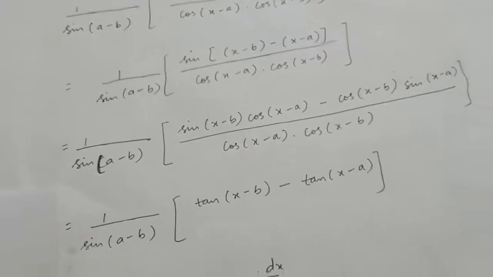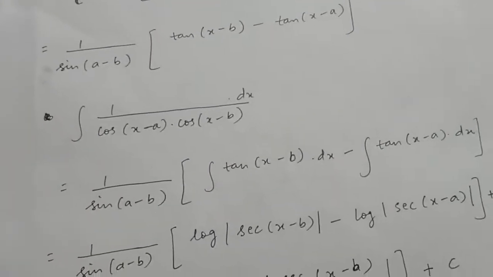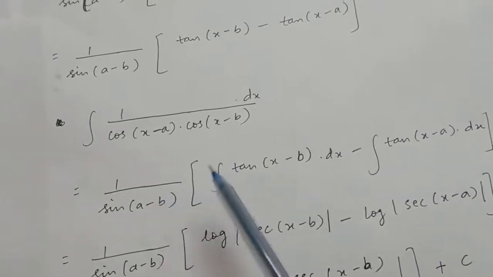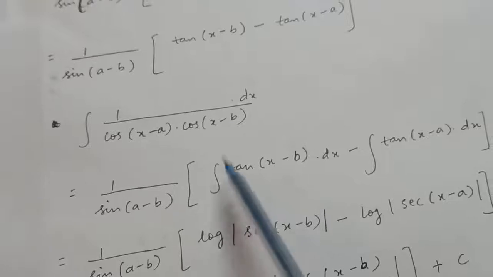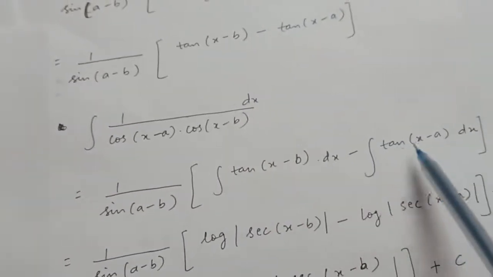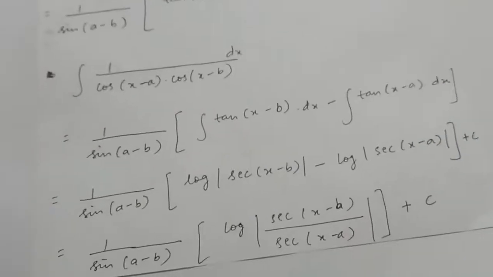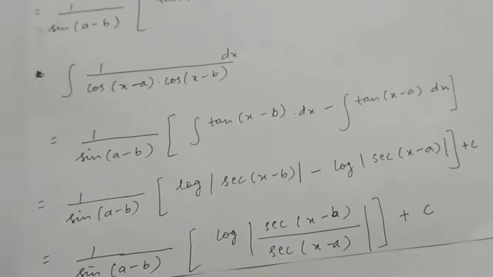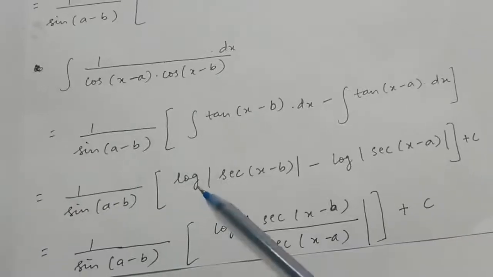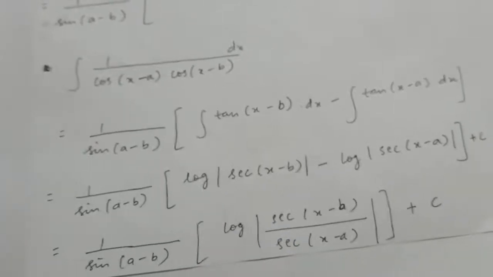So the given integral will now become 1 upon sin a minus b taken outside from the integral, because this is constant, integral of tan x minus b into dx minus integral of tan x minus a into dx, right? Now you know the integrals of tan x. So the integral of tan x is either log secant x or minus log of cos x.